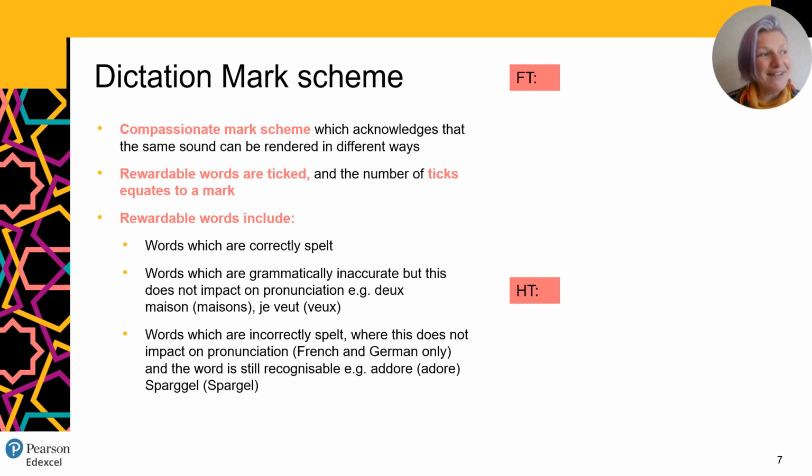But what it means is, in the stress of the exam situation where they might make a slip up, or they might be thinking, gosh, is it ais or ait in the example that they listen to? Is it A or A? They sound the same. Which one is it? I can't remember. They can write down one of them and be confident that, assuming it meets the other rewardable criteria, that in and of itself would not prevent them from being rewarded for what they had put.